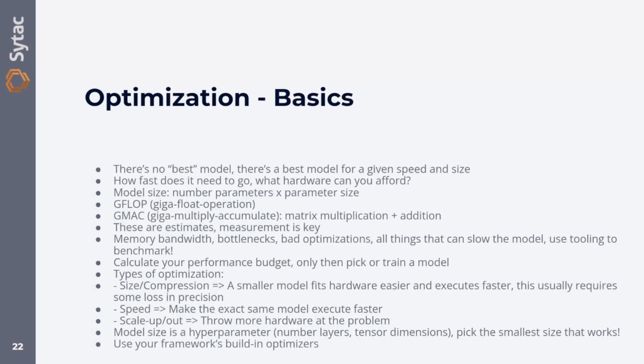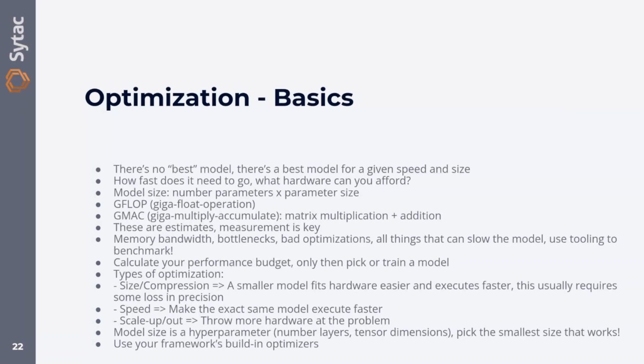If you want to buy one of NVIDIA's 20K video cards, not everyone has that budget, especially if you want to use that video card in a lot of different locations or VMs. Like I said earlier, model size is number of parameters times the parameter size. Larger models take more memory.